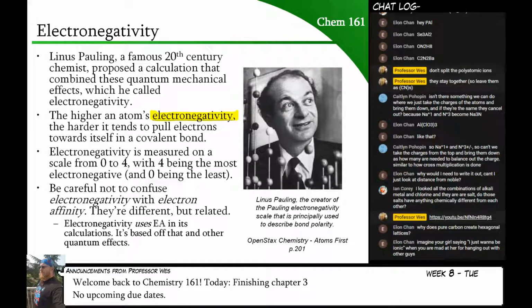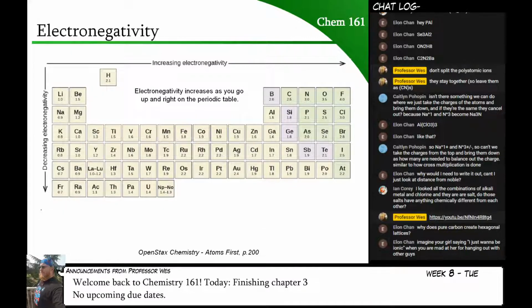Now, importantly, electron affinity is used to calculate electronegativity, but they are not the same thing. So this is used to calculate these numbers. That with Z effective and the maximum shell number, all of that gets put together and you distill out this chart.